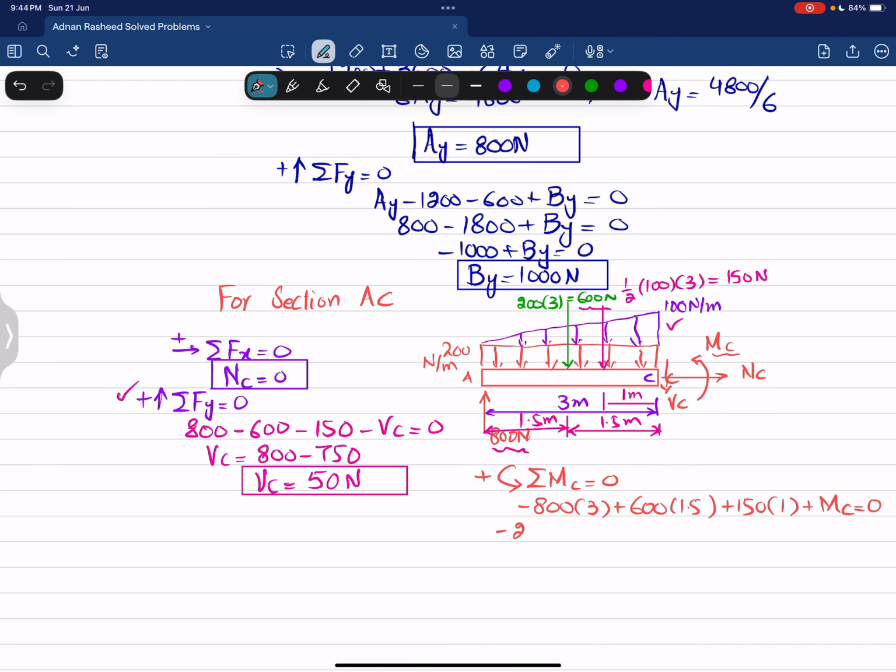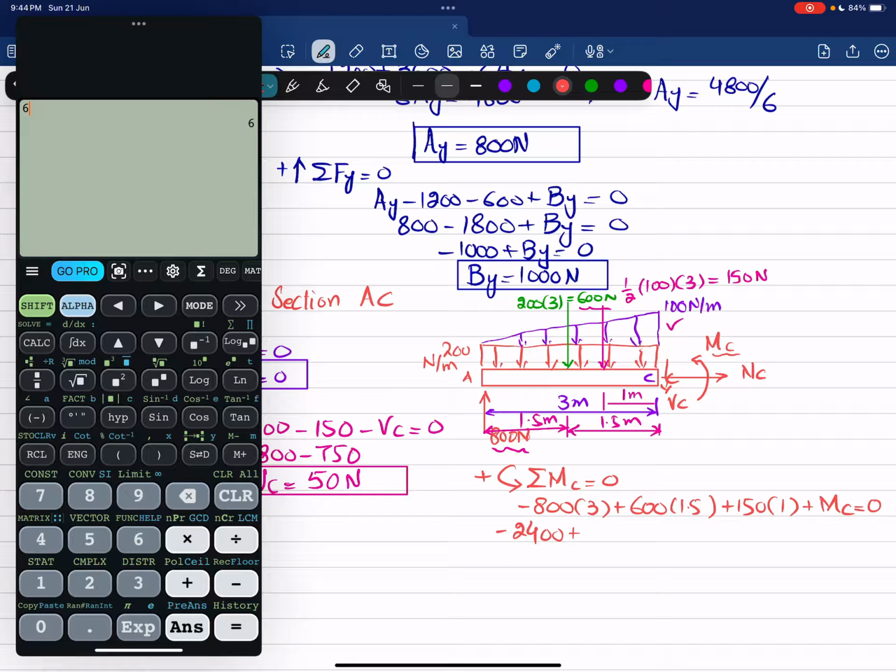So minus 2400 plus 900, 600 multiplied by 1.5 is 900, plus 150 plus MC is equal to 0. So minus 2400 plus 900 plus 150 is equal to minus 1350 plus MC is equal to 0. So MC will be equal to 1350.